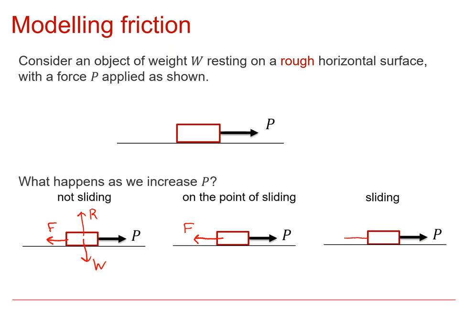In this case, again we've got F acting in that direction. But in the first two cases, F in terms of its size was equal to P. In this case, P is greater than F, so that there is an overall force acting to the right, and the object starts to slide.